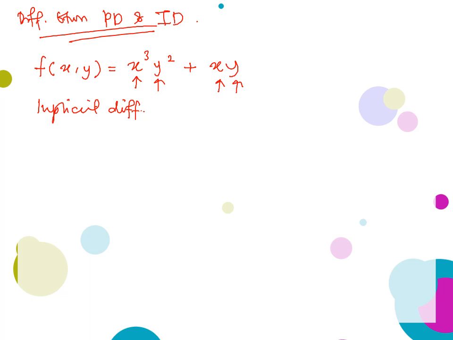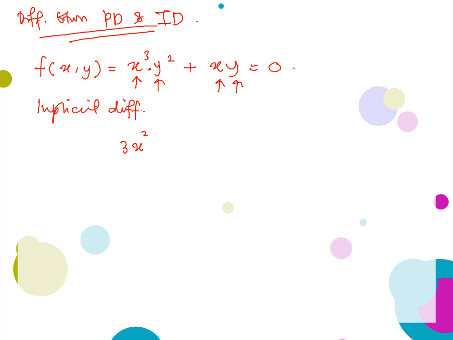Right? If we differentiate this function, and let's say this function is equal to 0, we differentiate x as usual, so it will become 3x squared. For this you need to do the product rule.